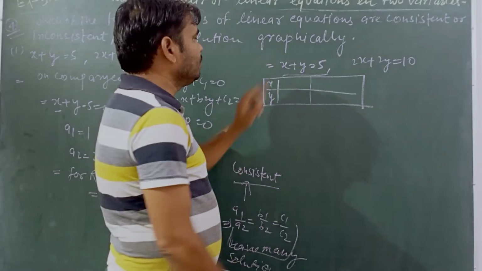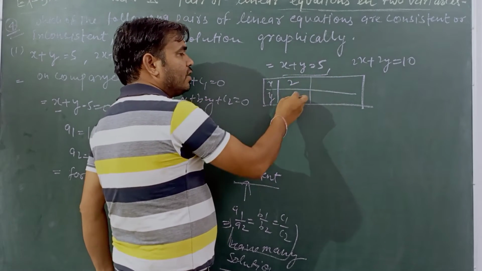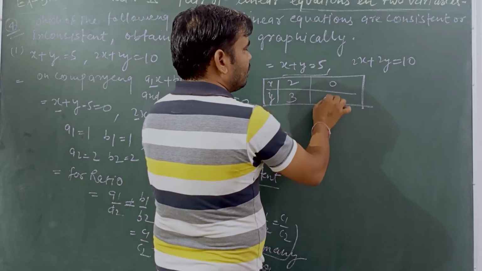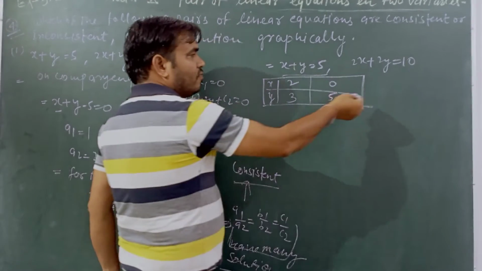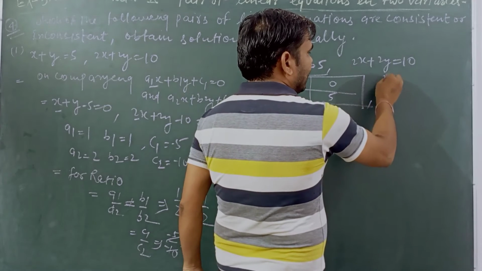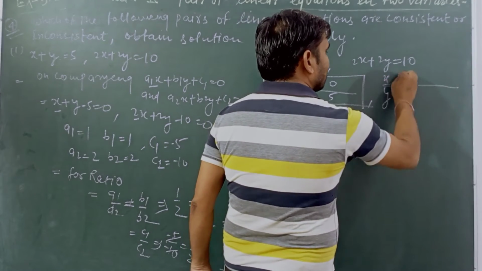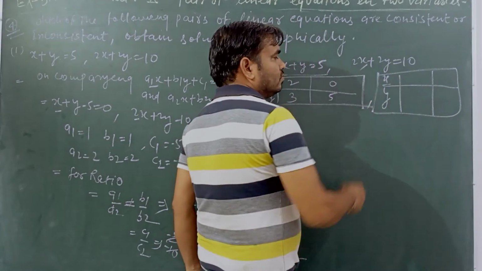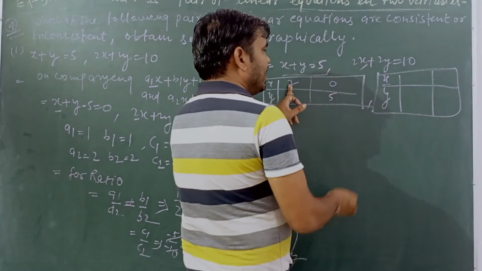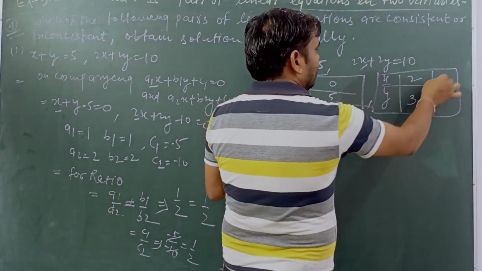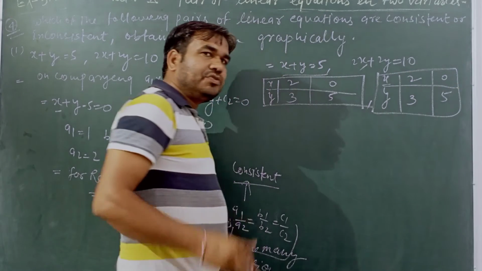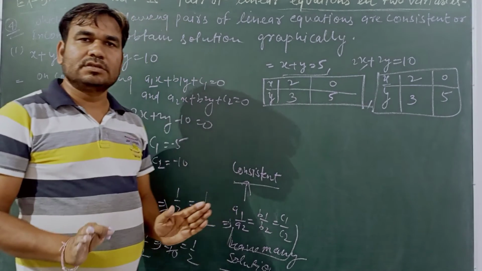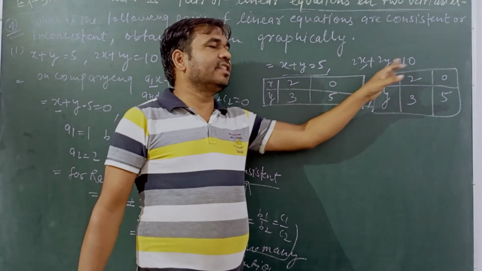Here you see x equal to 2, y equal to 3, and x equal to 0, so y equal to 5. For the second equation we can also assume 2 and 3, and 0 and 5. Otherwise you can suppose any numbers that satisfy the equation.